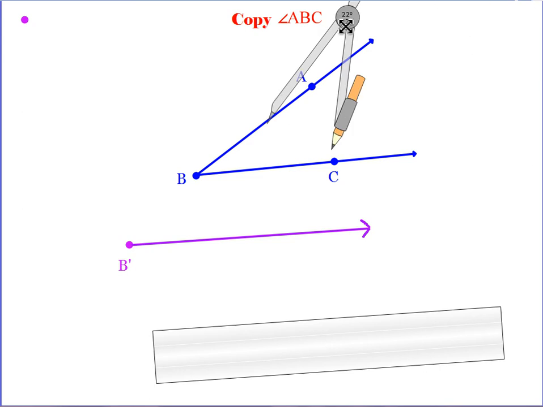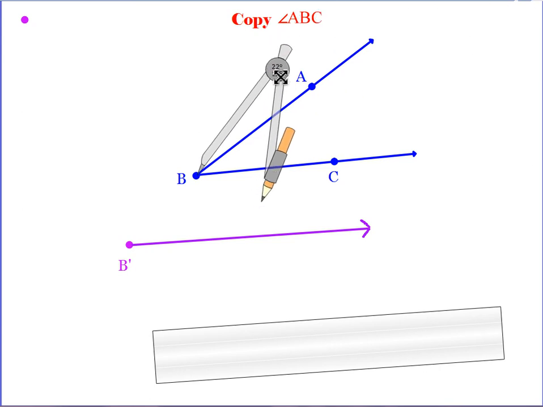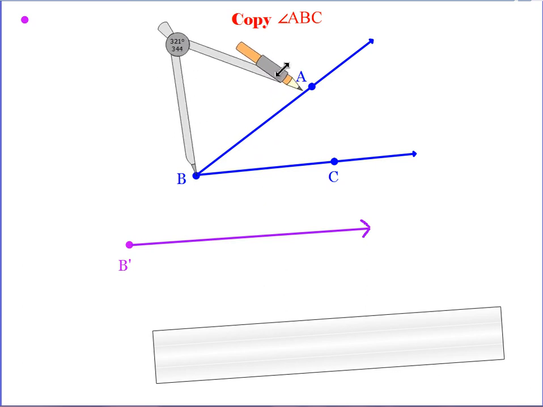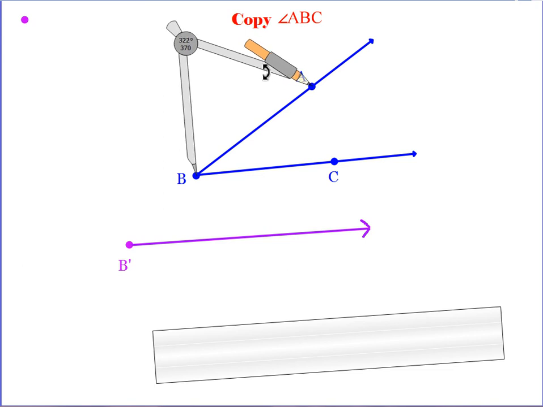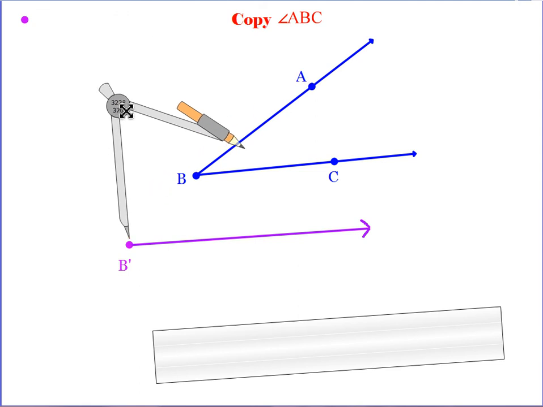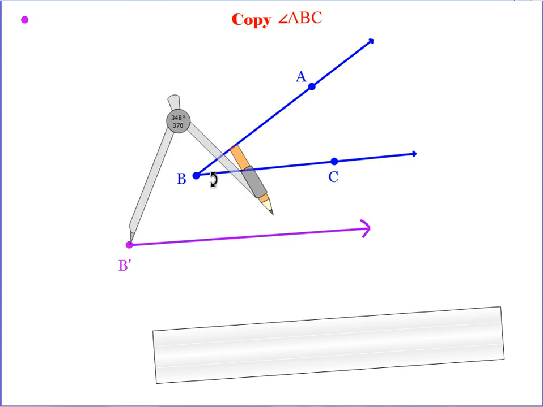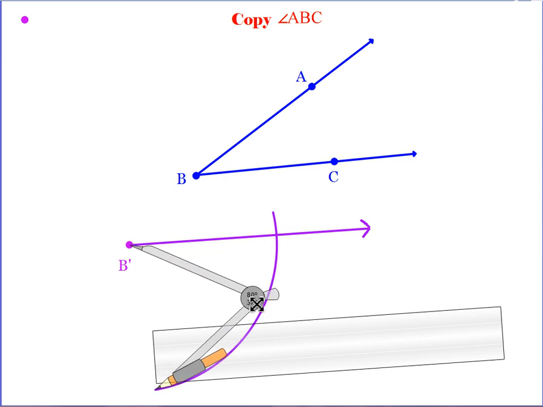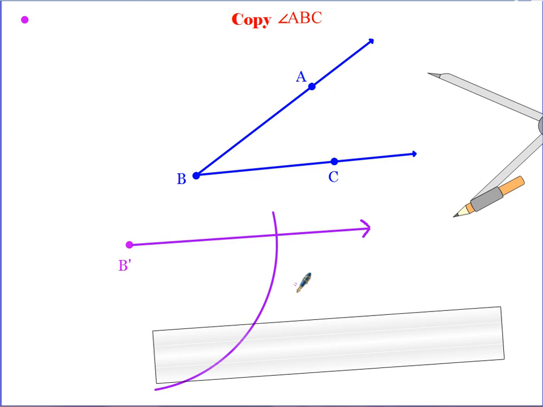Now in comes our compass, and we're going to put the point of the compass on the vertex, extending our pencil so that our pencil is on point A. Bringing the point of the compass down to B prime, being really careful to maintain our distance, I'm going to draw quite a large arc here because that's got to span the entire angle.